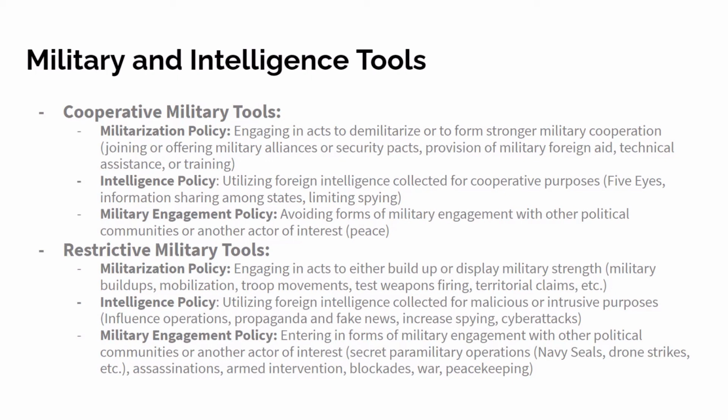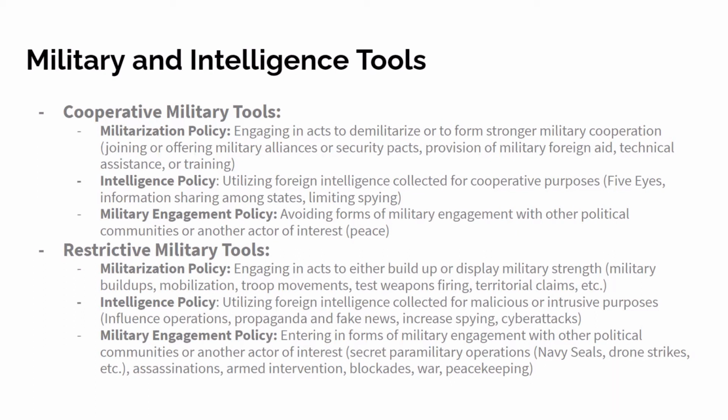This is the obvious stuff. This is engaging with other political communities or actors of interest. This looks like secret paramilitary operations, Navy SEALs, drone strikes, assassinations, armed interventions, blockades, war, peacekeeping. This is all of that nitty gritty, man to man or AI to AI nowadays, engagement that happens between countries.